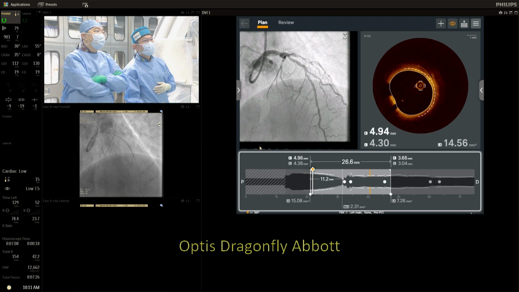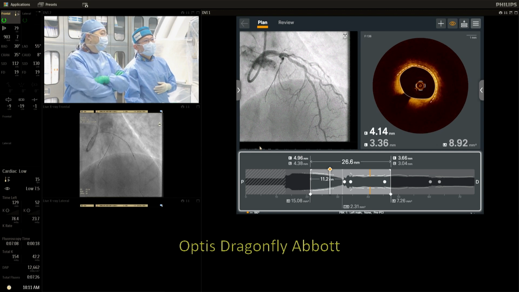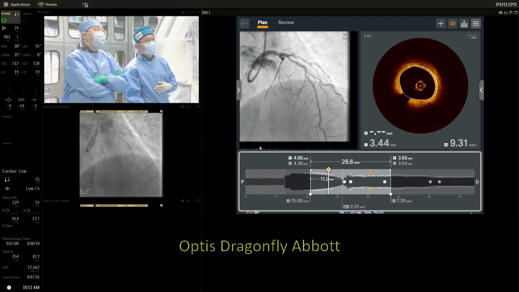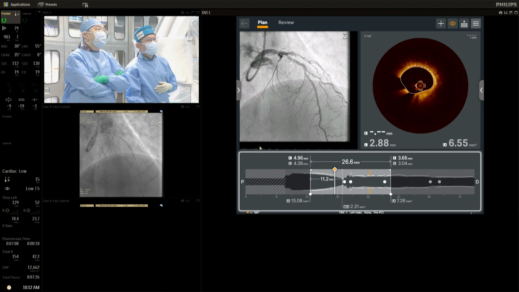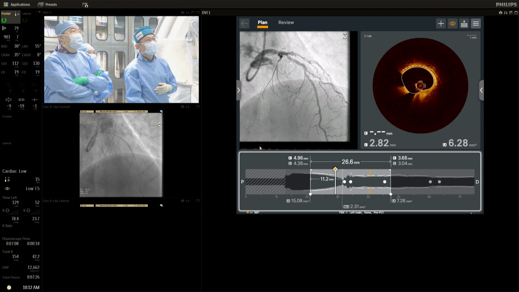As we go more distally, we'll see that the left main starts to taper. There's the beginning of some disease there in the 5 to about 9 o'clock position. It doesn't look immediately obvious that it's calcification. There does seem to be a rather thick layer of fibrous tissue between the lumen and whatever calcium there may be. So on OCT, in this particular image, it's not very clear that there's a lot of calcium in the left main.